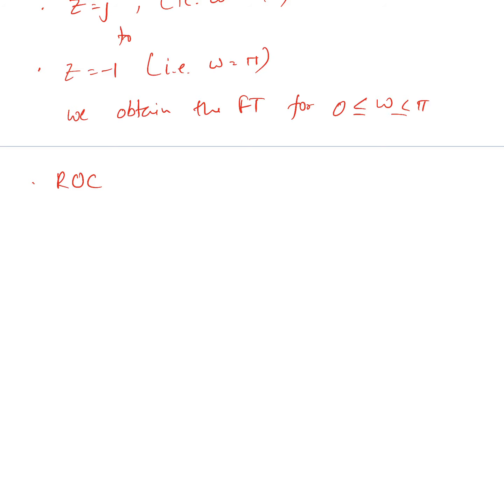So recall the sufficient condition we had seen earlier, that the sum over n of the sequence x of n times r to the power minus n, because now we are interpreting it as computing the Fourier transform of this sequence, should be finite.